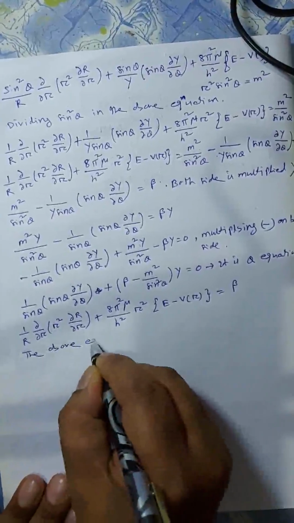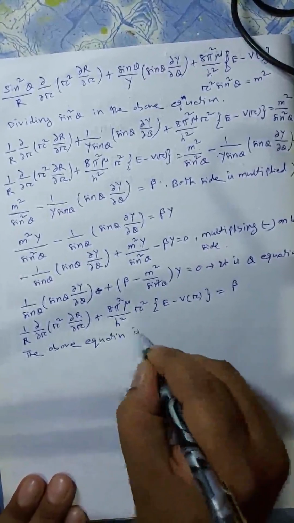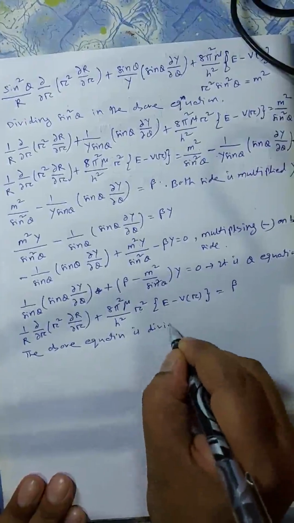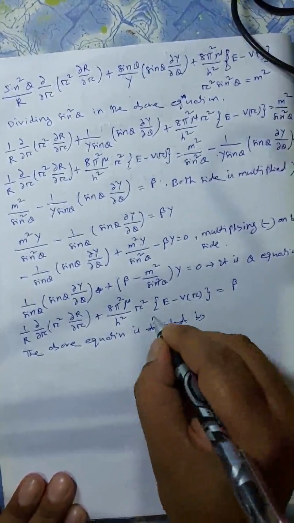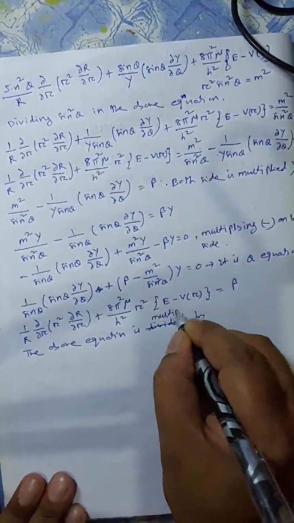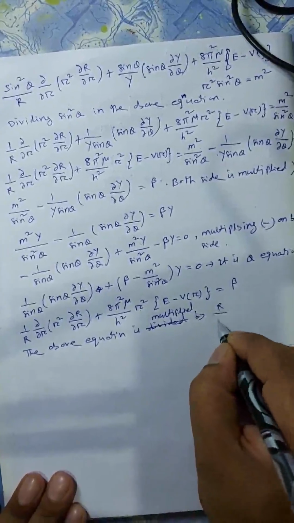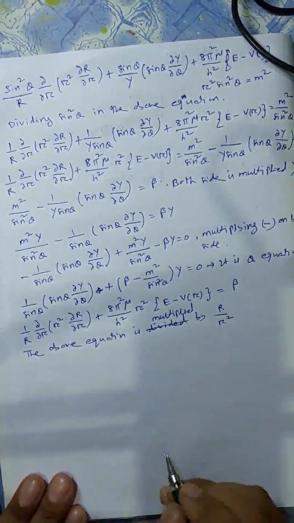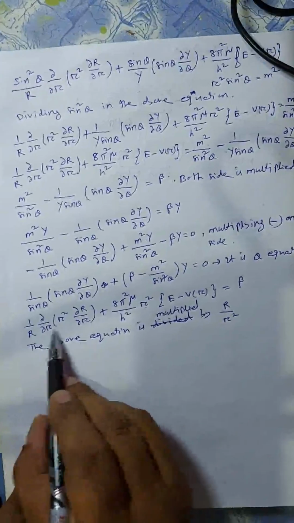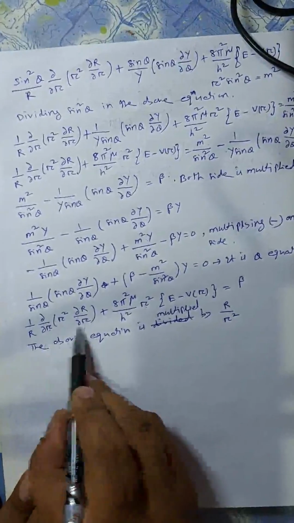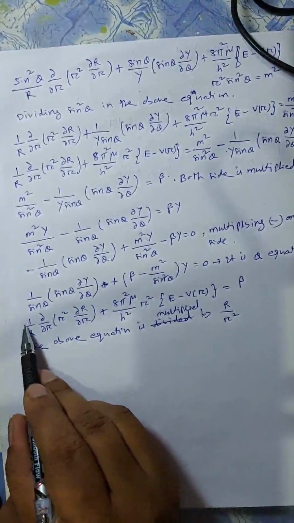The above equation is divided, or multiplied, by capital R by r square. Why? Here is capital R, but all our variable is small r. So we have to remove this one, so we have to multiply with r.